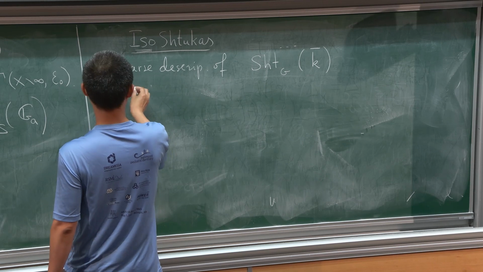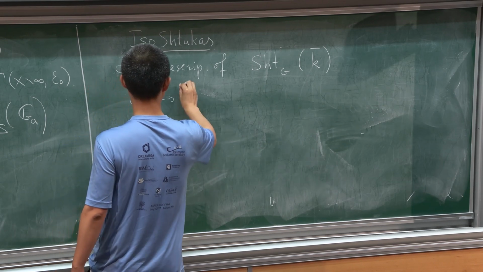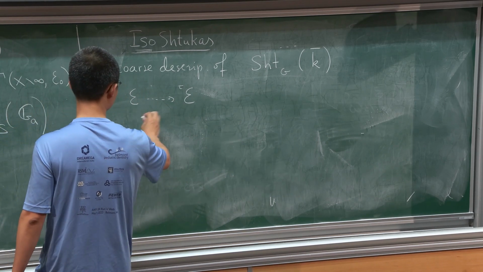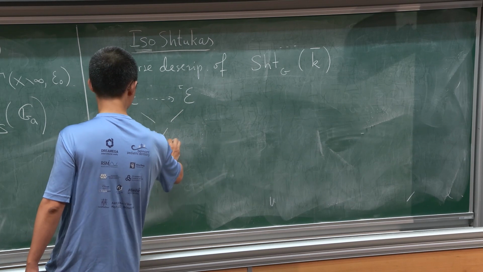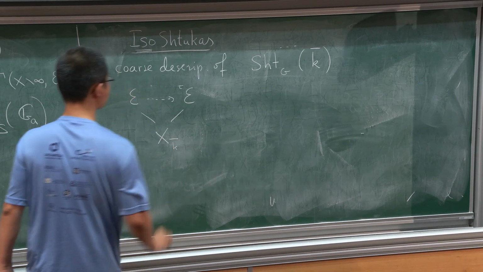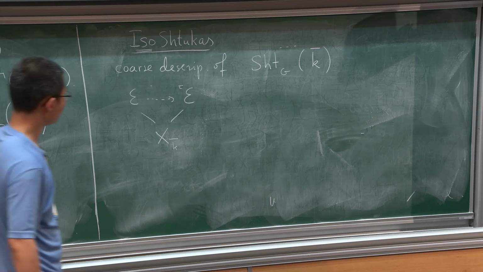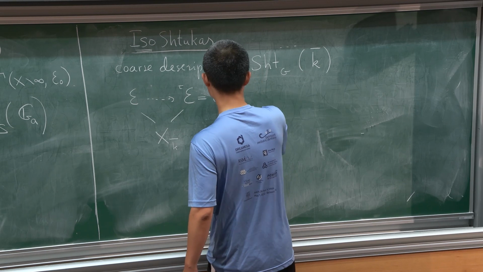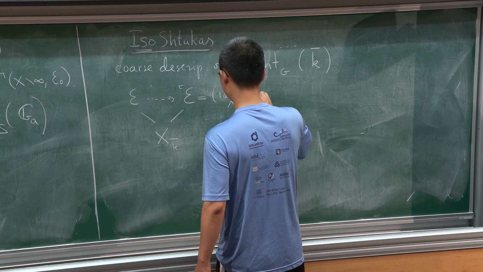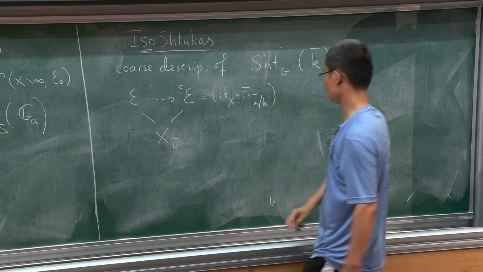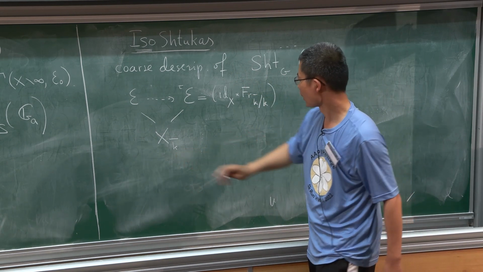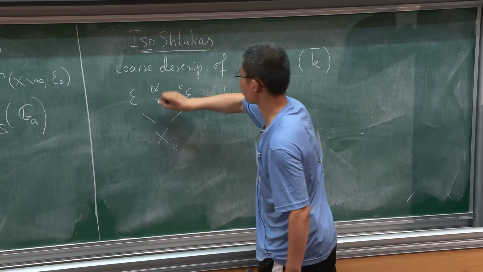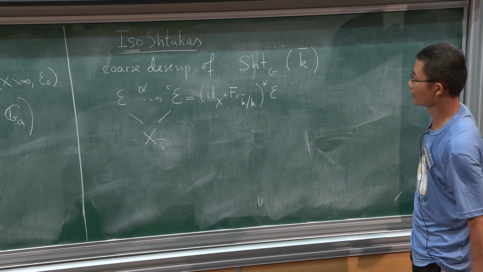If we look at a Shtuka over k-bar, this means I have G-bundles or vector bundles that both live over not X, but X base changed to k-bar. And then E is identified with the Frobenius pullback, Frobenius along the k-bar direction, through some map that's an isomorphism away from finitely many points.